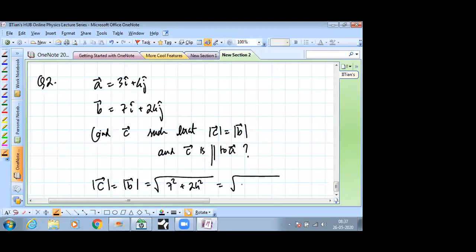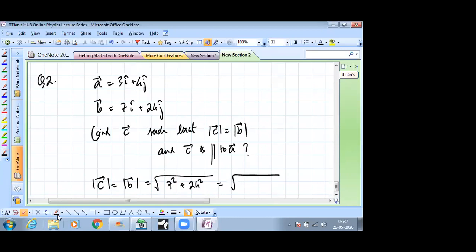That is square root of 49 plus 576. That is square root of 625. So that is 25.